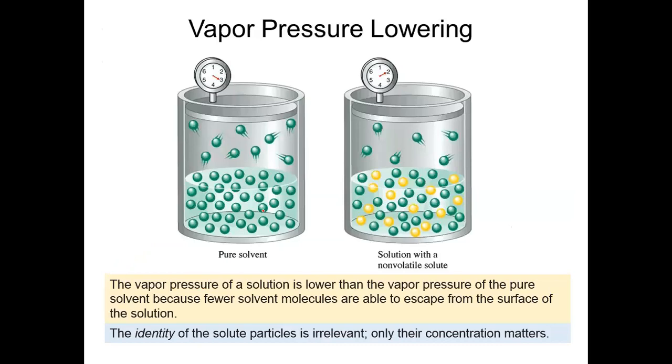Let's talk about vapor pressure above the solution. You can look at the picture here. This is a pure solvent, for example water, and we have only water molecules. Some of these molecules are liquid water, but some are vapor, because water vaporizes.